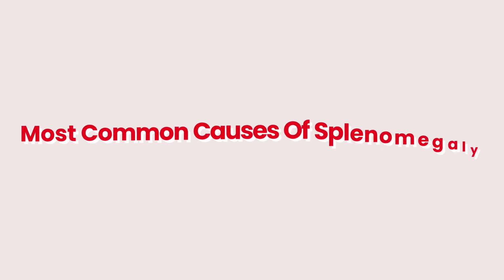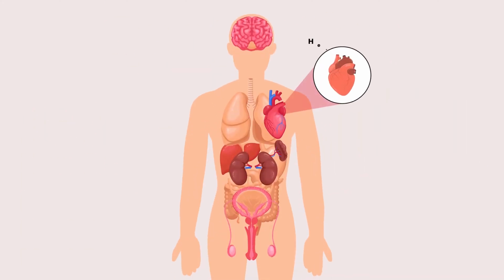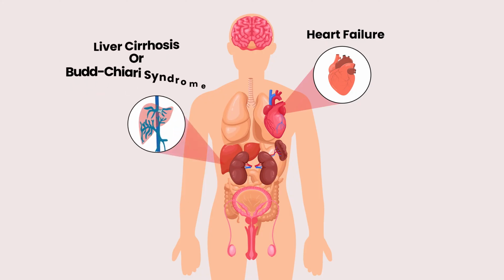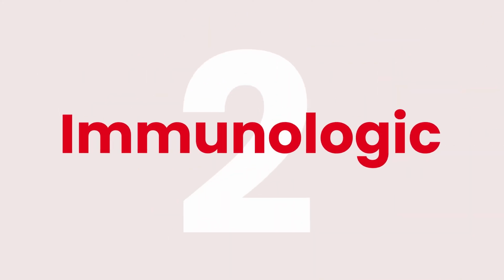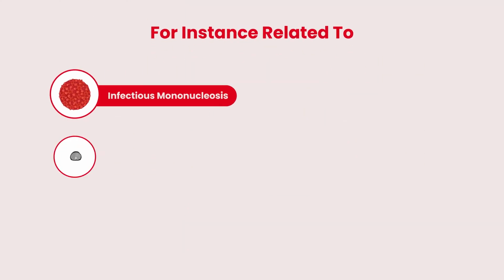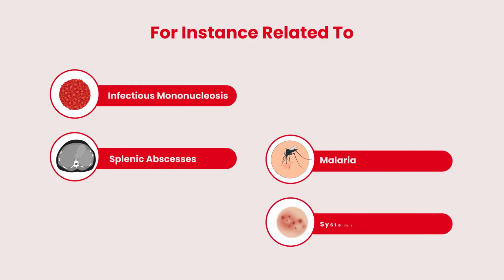The most common causes of splenomegaly are congestion, for example related to heart failure, liver cirrhosis, or Budd-Chiari syndrome, where a thrombus might form in the inferior vena cava or hepatic vein. Immunologic, for instance, related to infectious mononucleosis, splenic abscesses, malaria, or systemic lupus erythematosus.